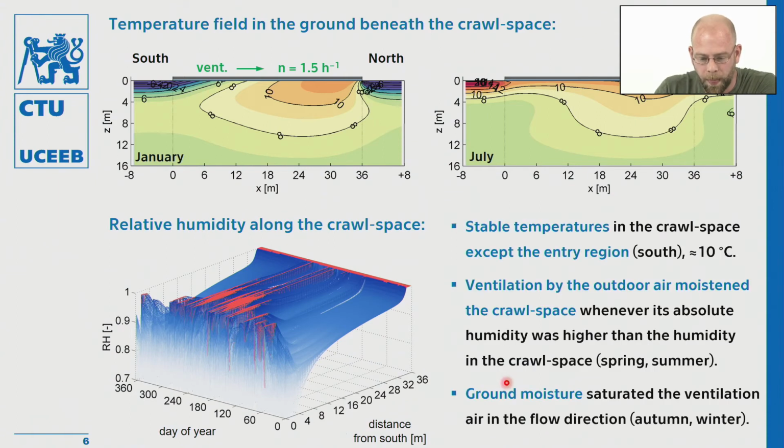So the temperatures in the crawl space in general are quite stable, only a few degrees above the average of the outdoor air, and the crawl space is moistened from two sources. First is the ground moisture, as we already mentioned, and the second is the outdoor air, especially in spring and summer.